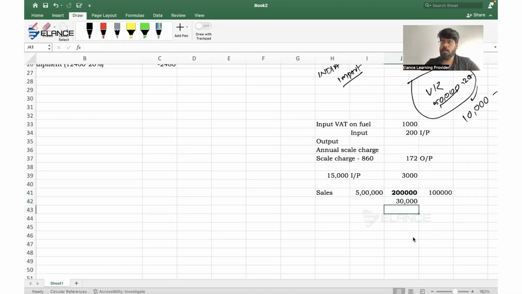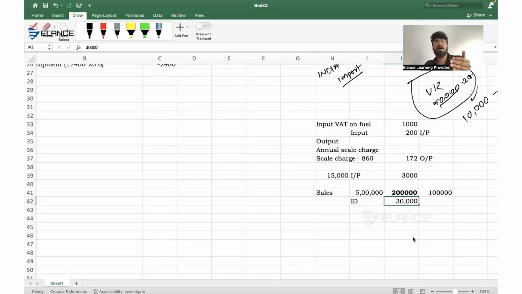Out of this 200,000 credit sales, 30,000 was irrecoverable debt. I did not receive an amount of 30,000. But I already paid output VAT on this 30,000 too.